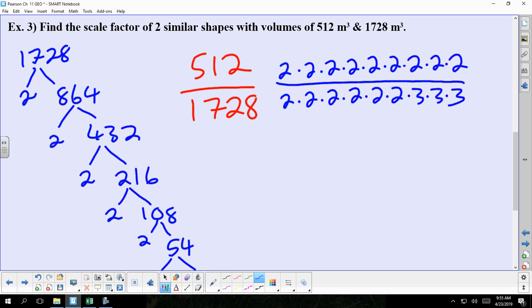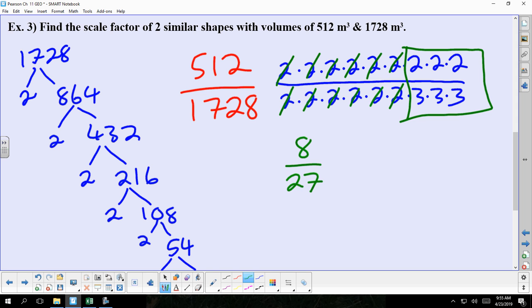All right. So now I'm going to cancel out anything that matches on top and bottom, just like simplifying the fraction. I'm left with these guys, right? And since I'm given volumes, we're left with 8 over 27. To find the scale factor, I need to take the cube root of those.